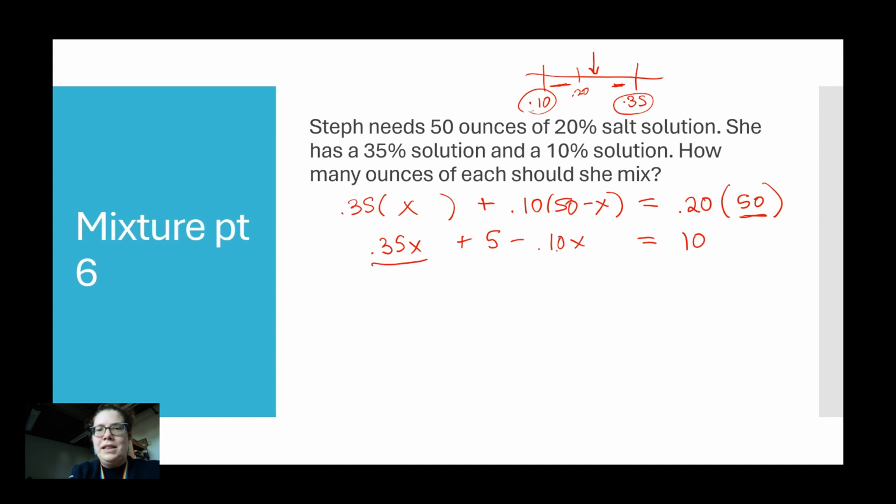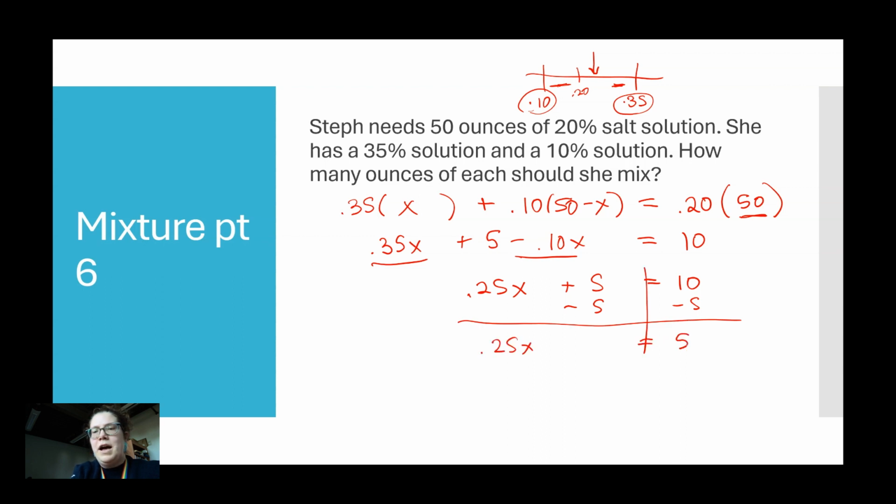All right, combining like terms, I have 0.25x plus 5 gives me 10. I'm going to subtract 5 on both sides. And I'm going to divide by 0.25, which tells me how many ounces of the solution, of which one?